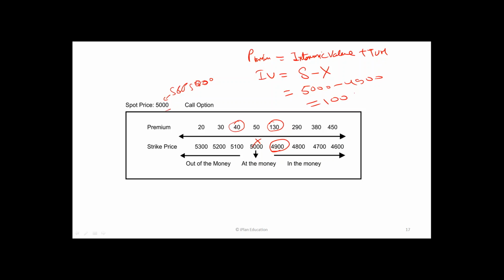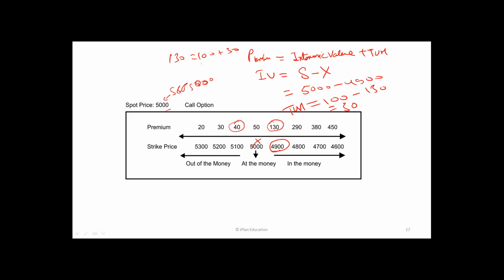Now, what will be my time value of money? I know the premium. So time value of money, I can write it like this, minus the premium I know. The premium is 130, which is already given. So time value is 30. So premium is made out of intrinsic value and time value. Here, your 130 is made out of 100 plus 30.